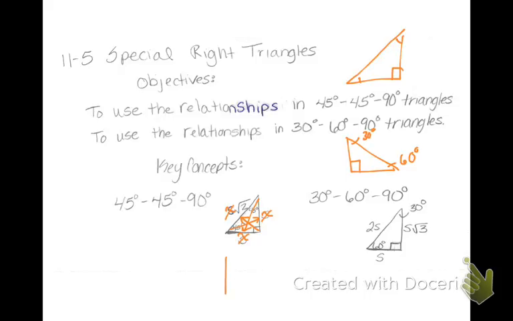So if you want to rewrite it, you have 45 degrees, 45 degrees, and 90 degrees. Opposite both 45, your legs are going to be x's, and your hypotenuse will always be x square root of 2.